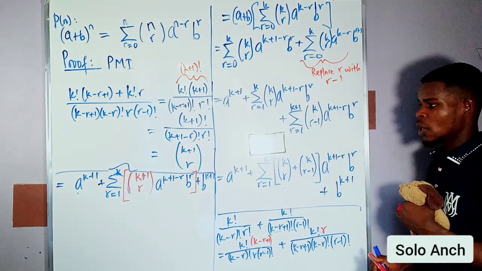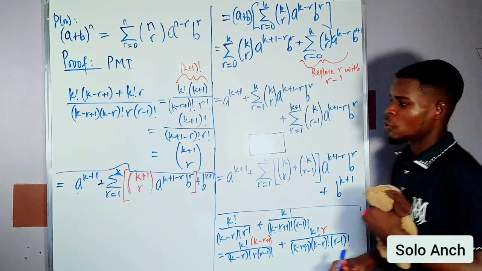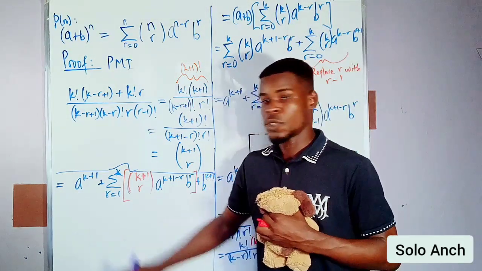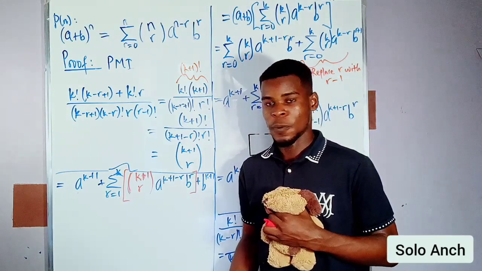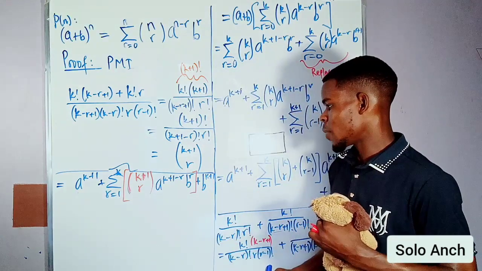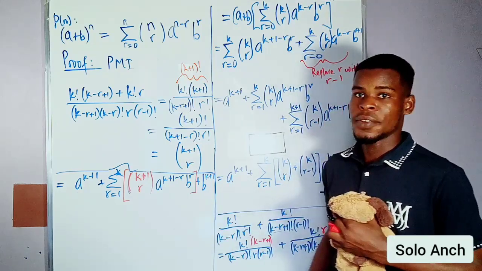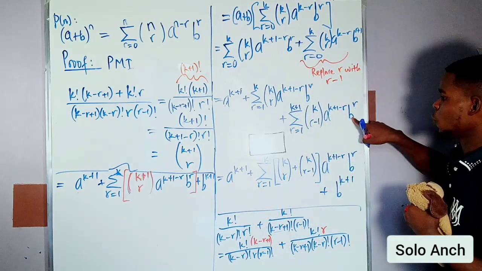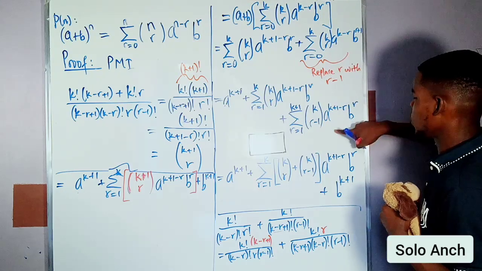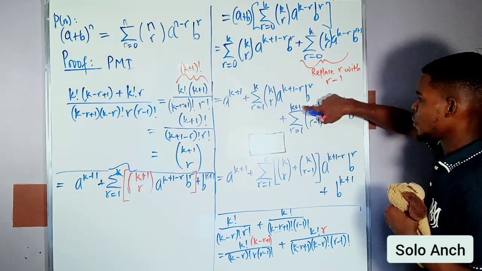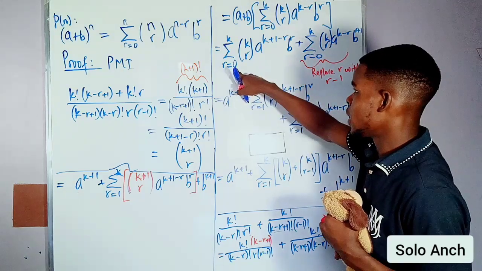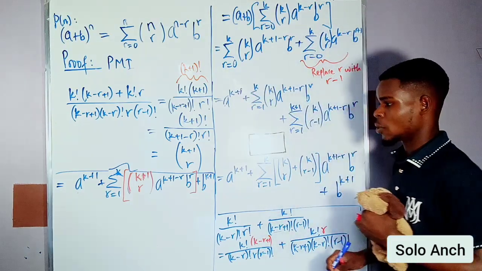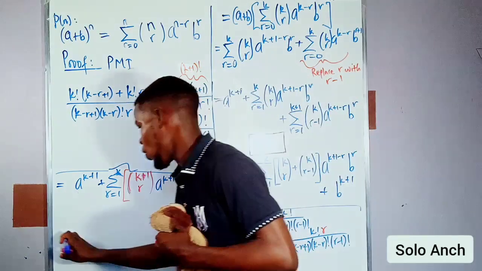Good. Okay. Now this is what we'll do. Recall that we got the a to the power of k plus 1 by expanding this sum when r is 0. And then we got the b raised to the power of k plus 1 by expanding this sum where r is k plus 1. That was what we had over here. So after replacing, we had to evaluate it when r is k plus 1 to get the b raised to the power of k plus 1 term. We had to evaluate this when r is 0 to get the a raised to the power of k plus 1 term. So we are going to bring back all of those things.